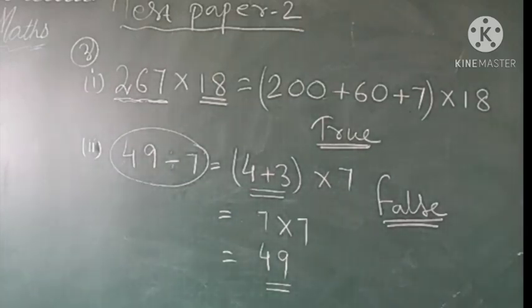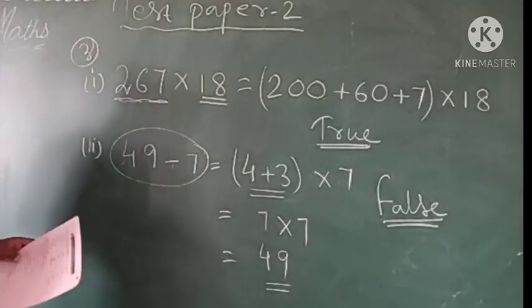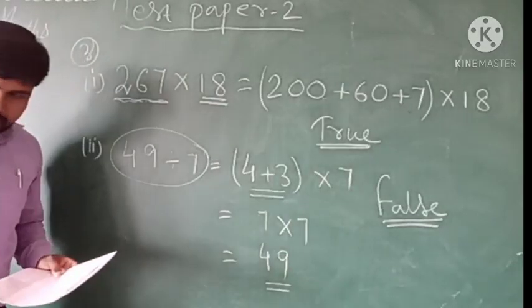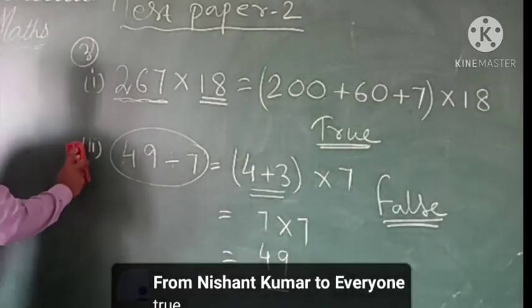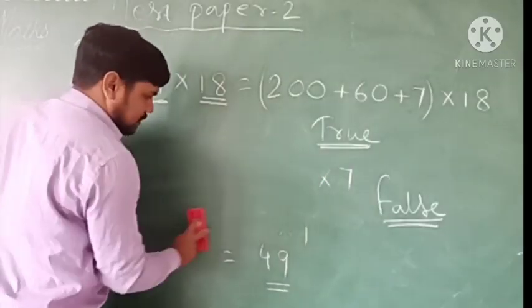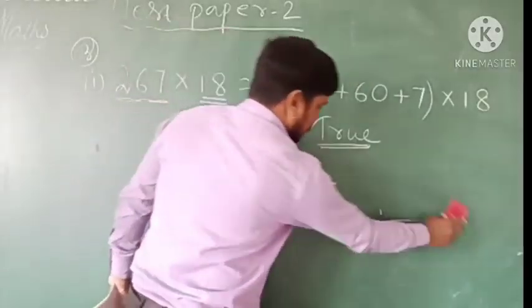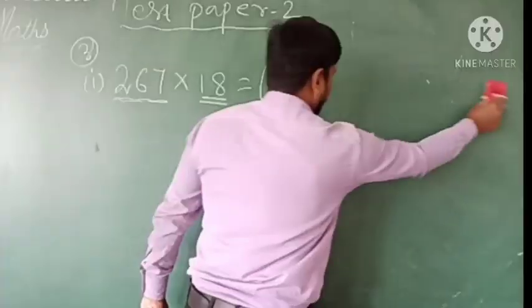Next we have the third question, which is asking: 8 in 7 by 8 is its numerator. We have learned in fractional numbers what the numerator is and what the denominator is, right?